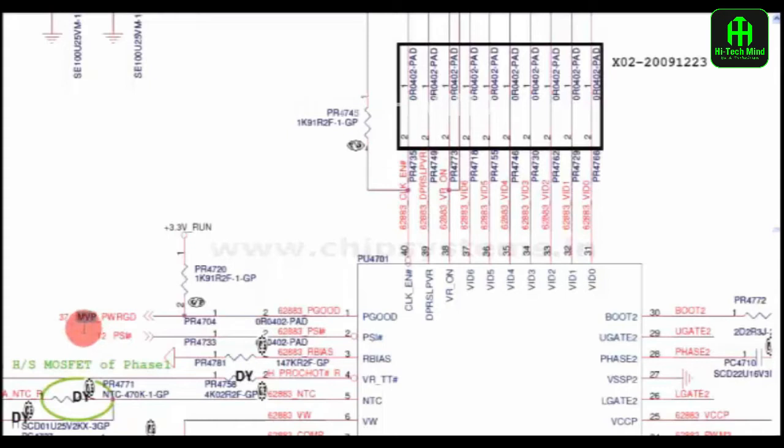It mentioned IMVP, Intel Mobile Voltage Positioning System, Power Good signal. This power good output goes to the Super IO chip at page number 37. IC pin number 1 mentioned P good.